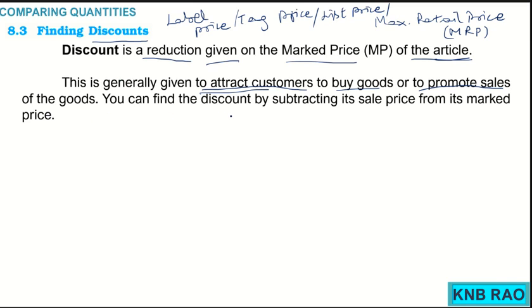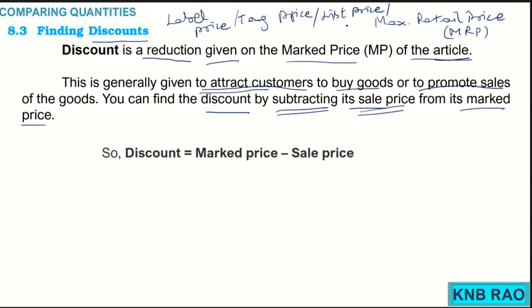You can find the discount by subtracting its sales price from its market price. If you subtract that reduction from the market price, you will get the sales price.